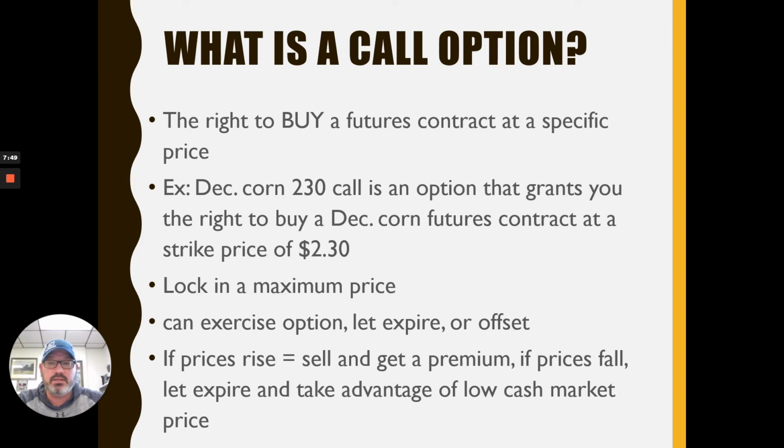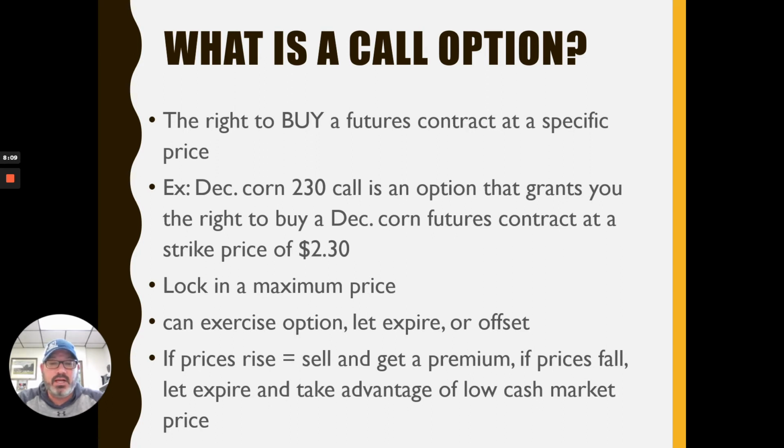Again, same thing strategically. They can exercise that option, they can let it expire, or the most likely outcome is they're going to offset it with a futures contract position at some point in time in order to cash in on hopefully a profitable market movement.